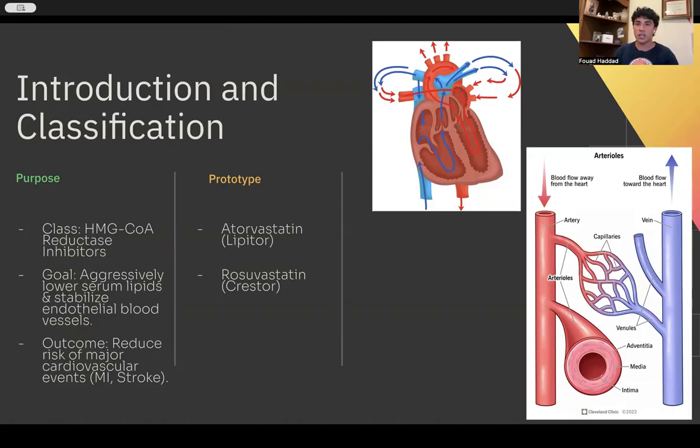For the context of the presentation, there are two specific prototype drugs we'll be focusing on: atorvastatin, which is more commonly known as Lipitor, and rosuvastatin, which is more popularly known as Crestor.